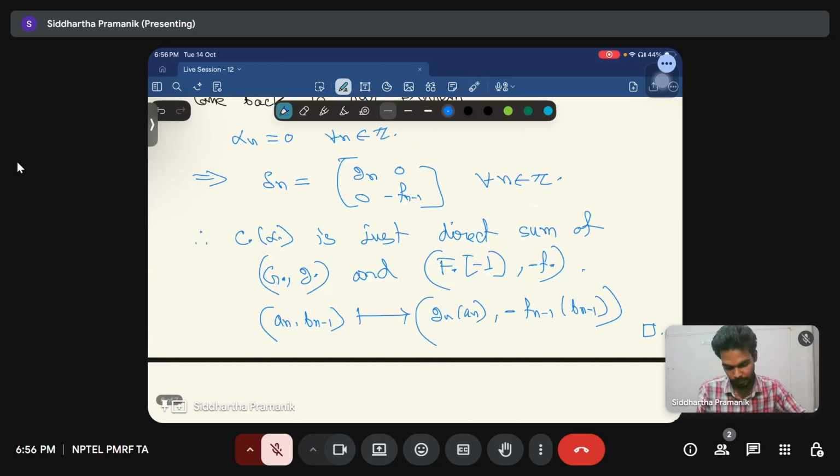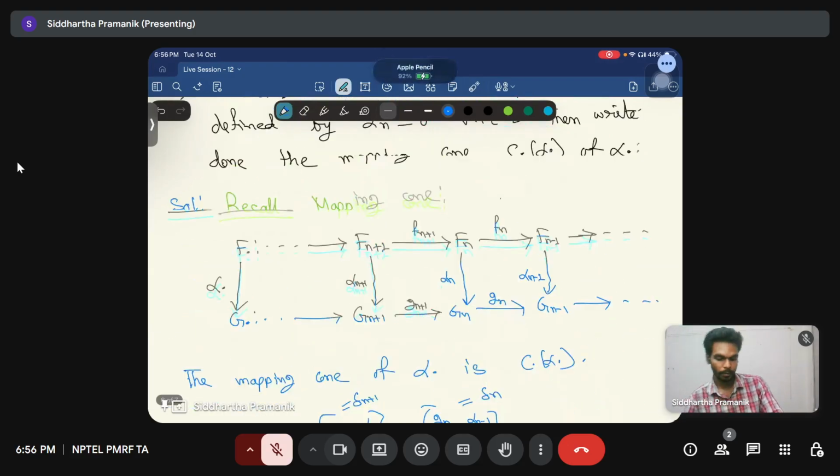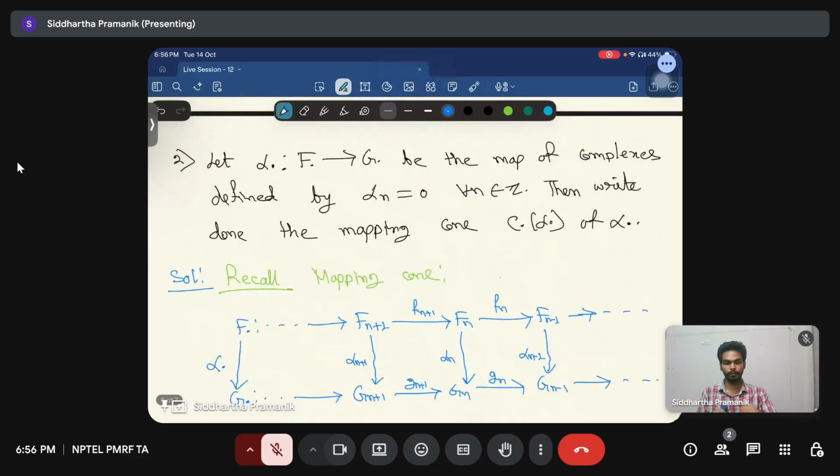So this is the problem 2, second problem. Okay, so using this we have defined causal complexes, then we have seen regular sequences.